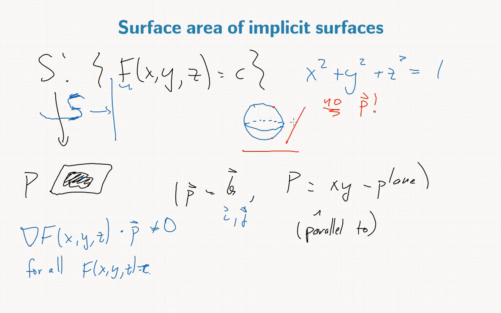If we took a different plane like this, we'd still have 2 points above the same thing here. So to calculate the surface area of a sphere by the method we're about to show, we would have to calculate the area of a hemisphere and then double that. 2 times the area of this.